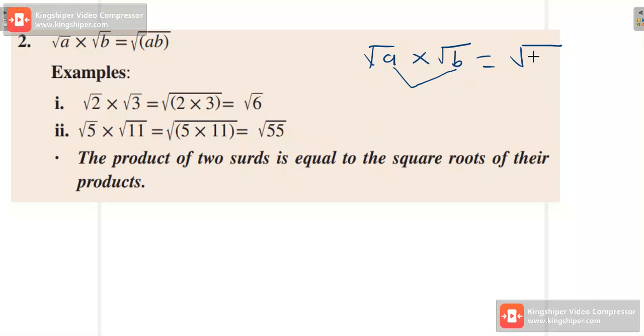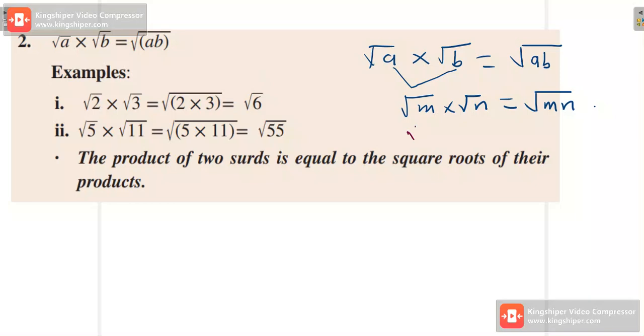So we are going to have a times b, so we have root of ab. Another example is if you have root of m times root of n, then the result has to be root of mn. That's it.